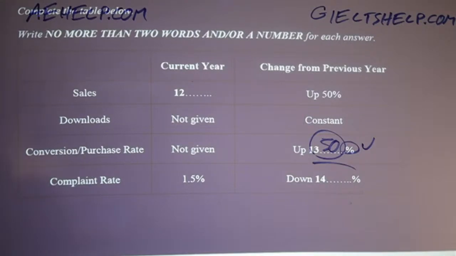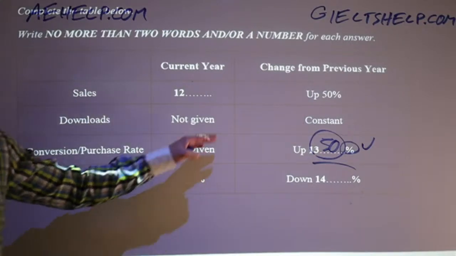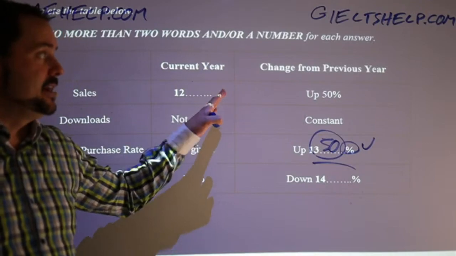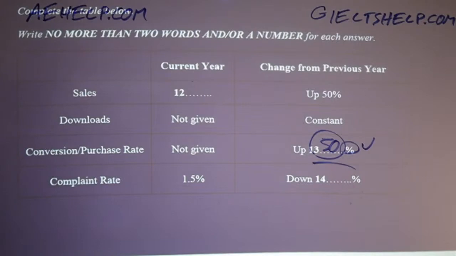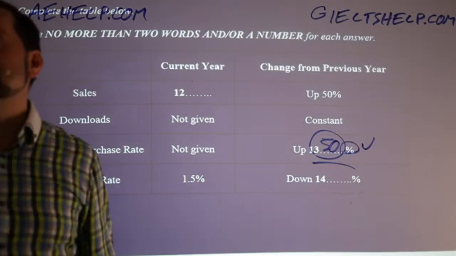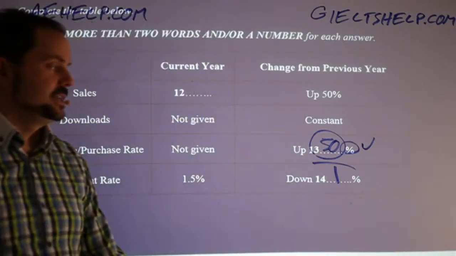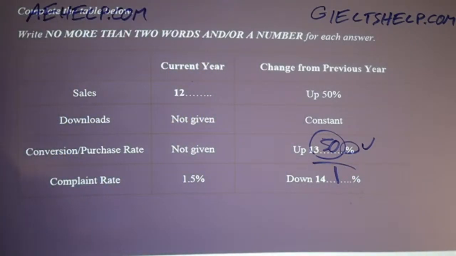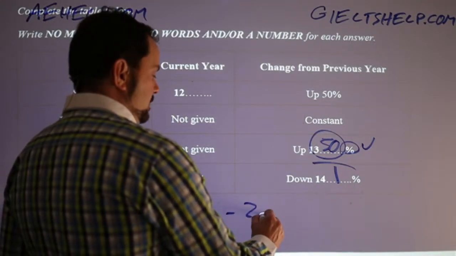All right. The complaint rate, the current year, it's 1.5%. Last year was 2.5%. So what's the change? Duan Min says it's 1%. Duan Min. Smart. It is 1%. Okay. Anybody who put 2.5, you've got it wrong. Okay. So 1.5 current year, last year it's 2.5.